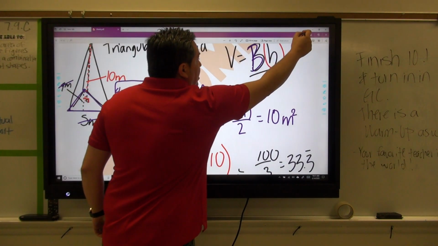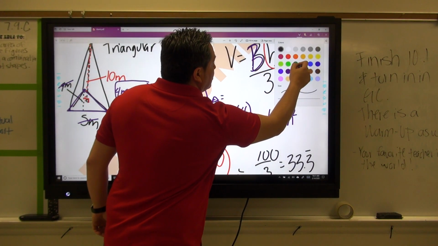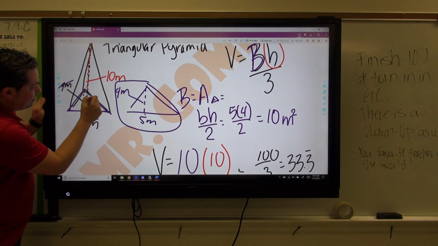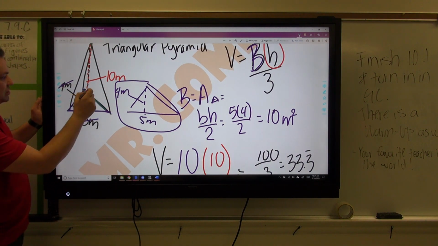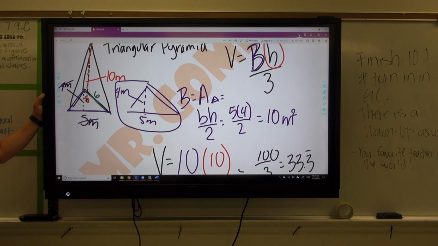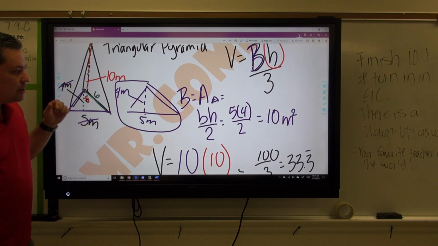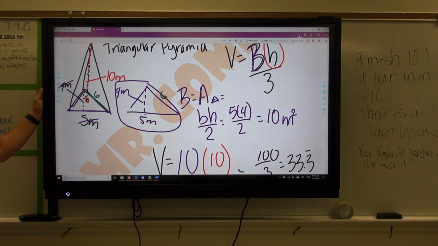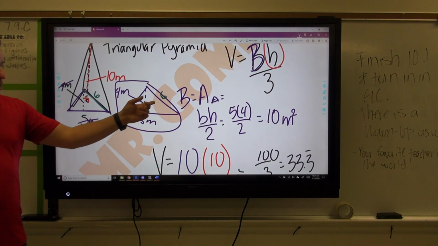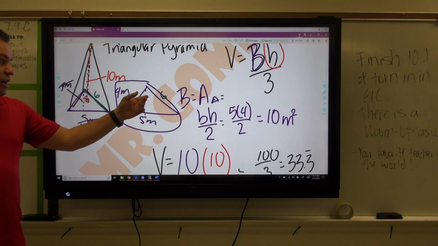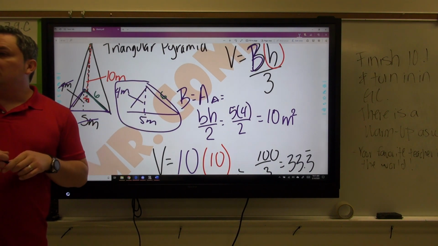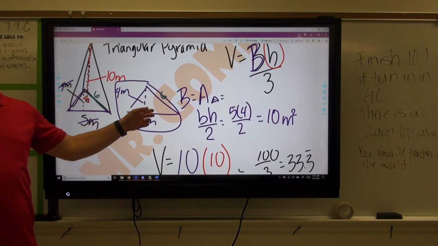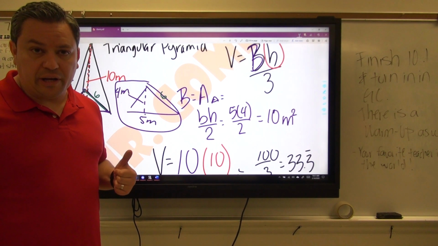Sometimes they might give you a number, maybe right here, that belongs to this side. Let's call this 6. That is not going to be the height. That number belongs right here. That is not my height. That's the slanted height. I don't need that. Don't get it confused. You don't need that yet until we talk about surface area.